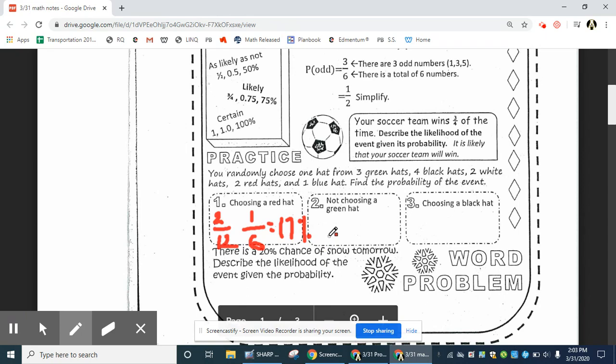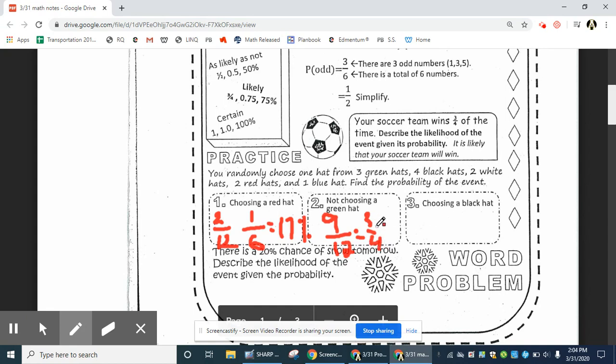All right. Not choosing a green hat would be the second probability. Well, we know that 3 hats of the 12 are green, so not choosing a green hat would mean everything else. So that's 12 minus 3, which is 9 over 12. That is also 3/4.